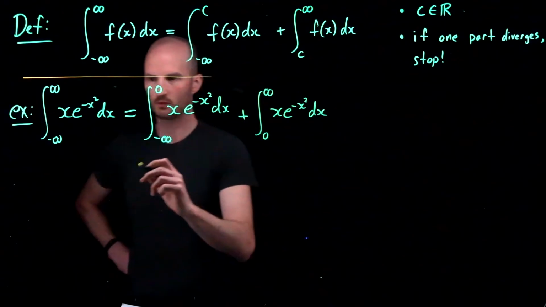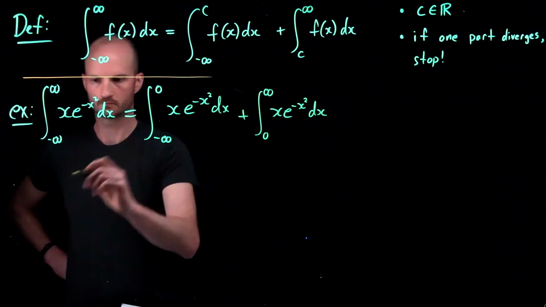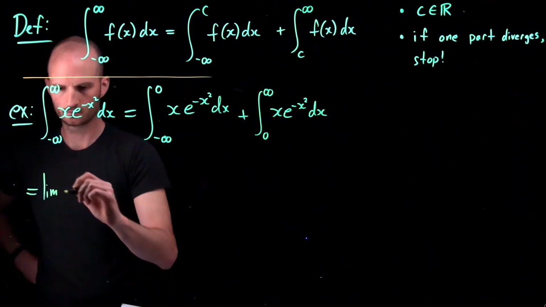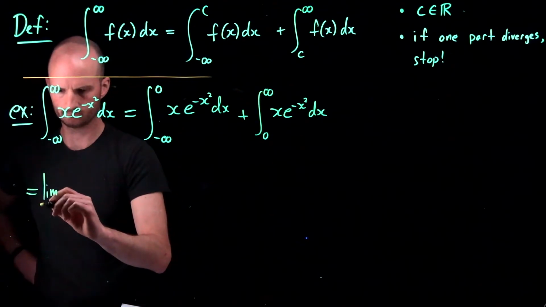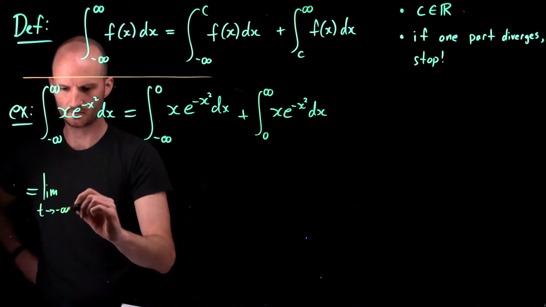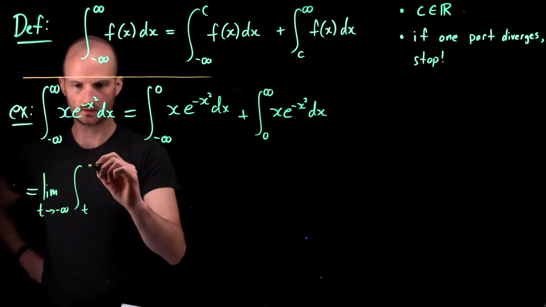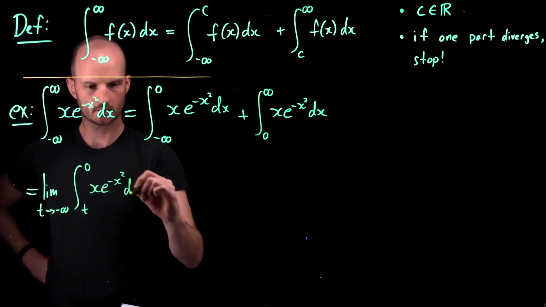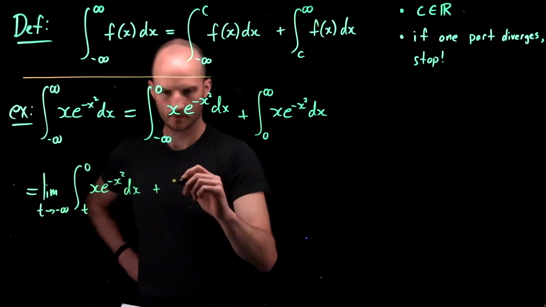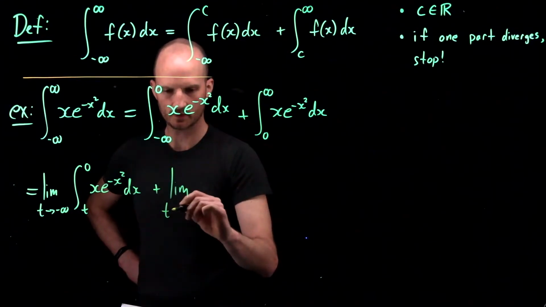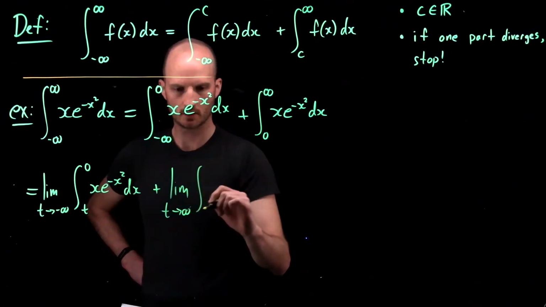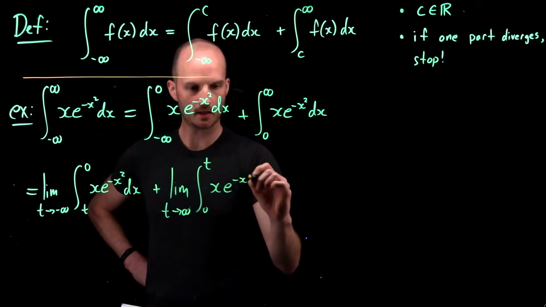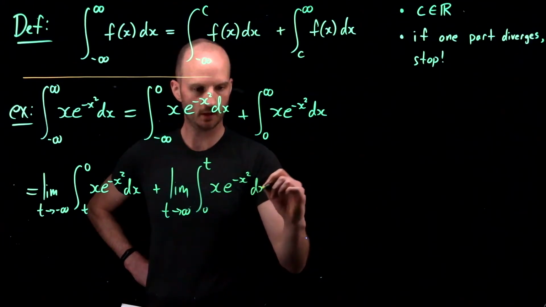Now in both cases I will introduce limits. For the first one, t goes to minus infinity, t to 0. And for the second one, t is going to plus infinity, 0 to t.